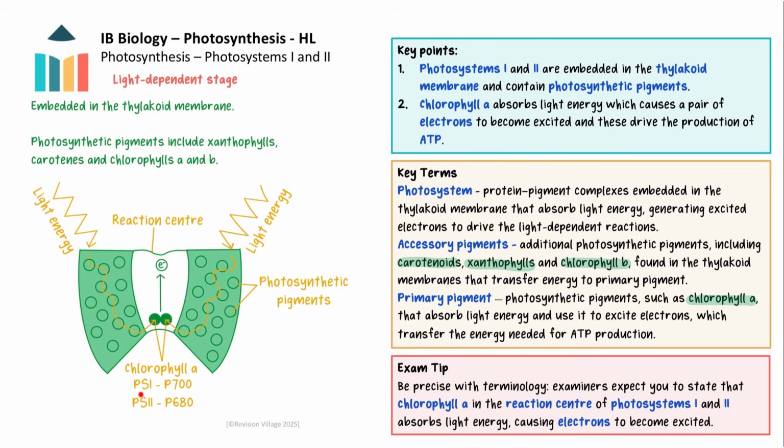Photosystem I absorbs light at a wavelength of 700 nanometers best, whereas Photosystem II absorbs it best at 680 nanometers. Just to note, the photosystems are called I and II based on when they were discovered. It has nothing to do with the order of reactions, as these occur simultaneously.